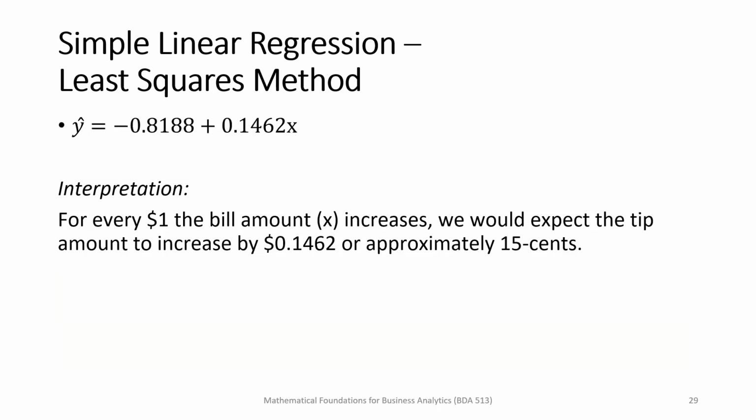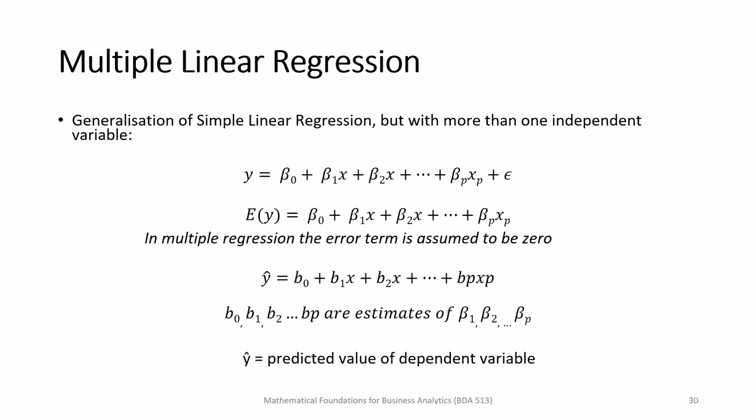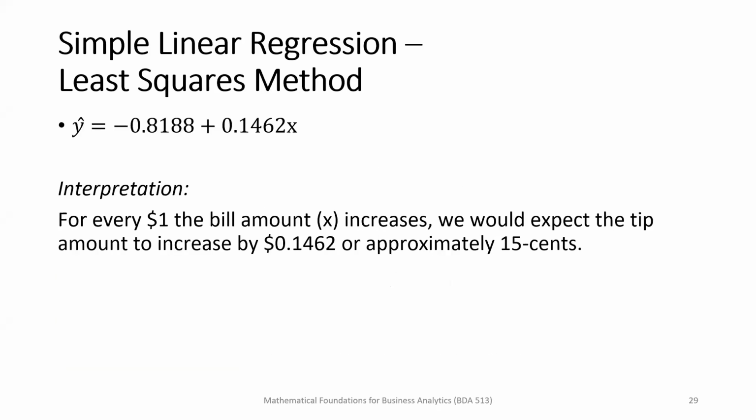So for every $1 the bill amount increases, we expect the tip amount to increase by 15 cents. Any questions on simple linear regression before we go on to multiple?